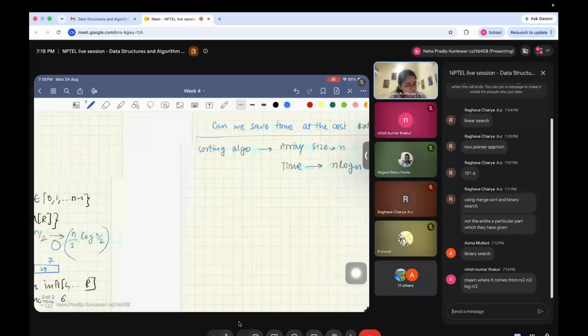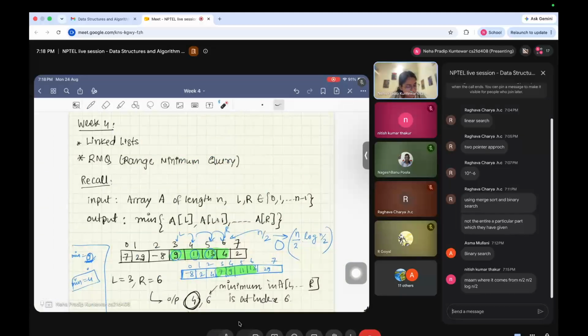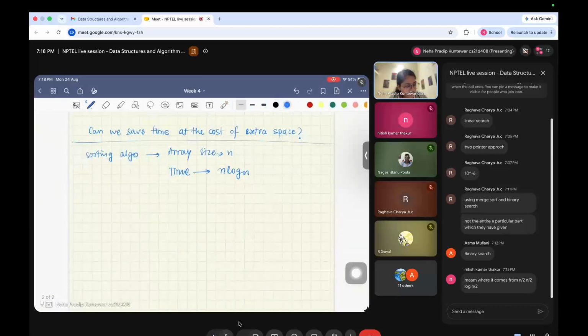Here in this example, the size of the array was half of the original size n, so your array size is now n by 2. So we are just replacing n with n by 2, that's it. So this becomes n by 2 times log n by 2. Is that clear?